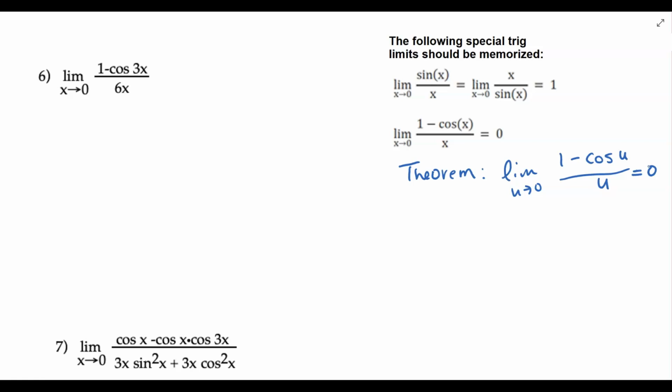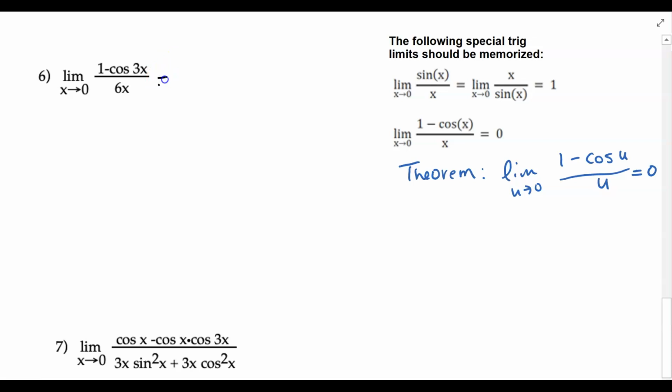Like in our example number 6, it says 3x. So what we're going to do is take a look at this one, and notice that it says 1 minus cosine 3x over 6x, and that kind of is the problem, that it says 6x, and what I really want is a 3x.